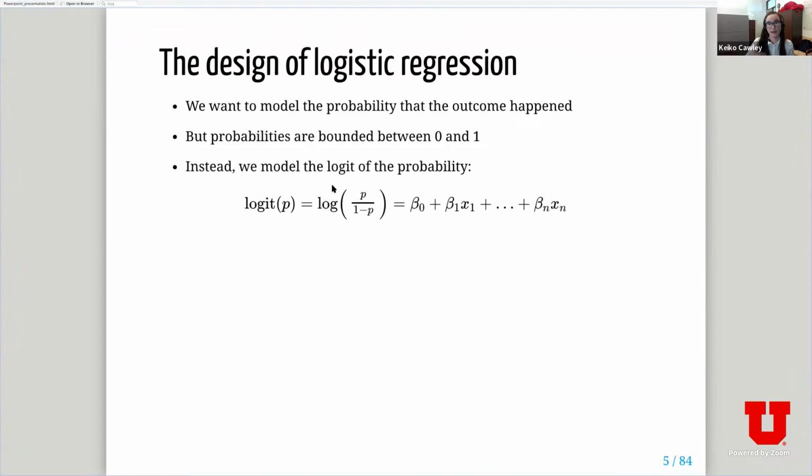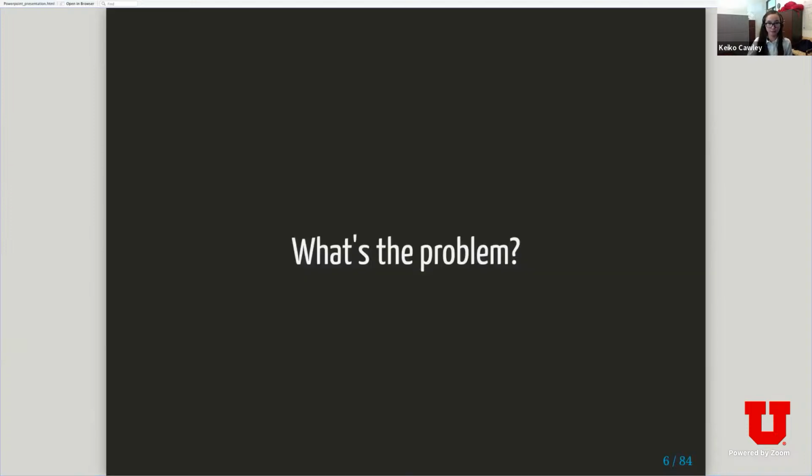So how do we model this discrete outcome, but more than that, model the probability that one of these discrete outcomes happens? Well, we model the logit of the probability. This is the equation for the logistic regression. Since this talk is about visualizations, I'm not going to deep dive into the specifics of this equation, but just for your memory, here's the equation.